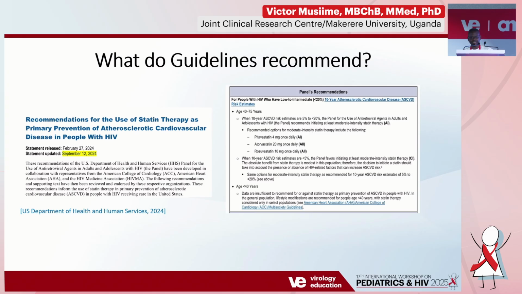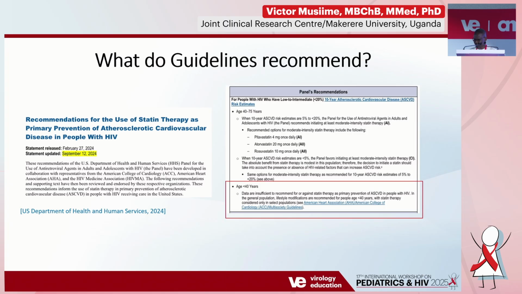Then, what do the guidelines say? Now, Mo talked about the British guidelines. These are the American guidelines. Very importantly, in these people who are at low risk, for those above 40 years, they say, well, you can give a statin, which is fine.